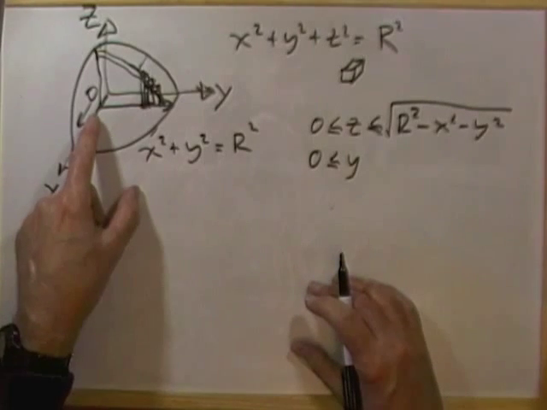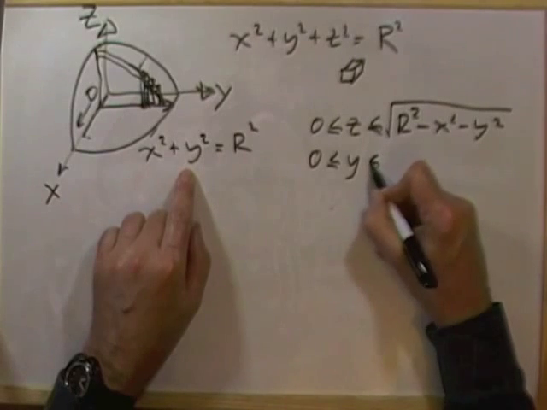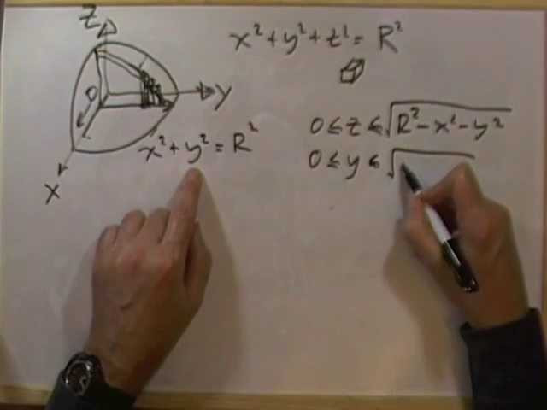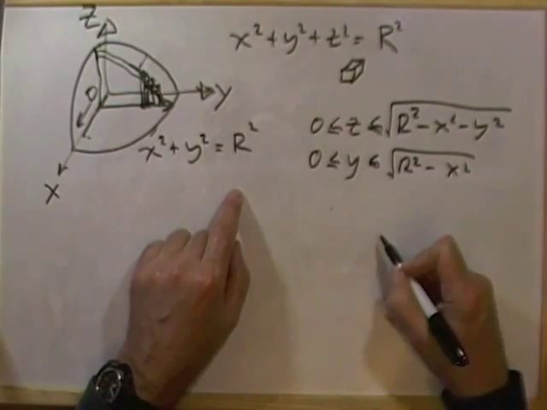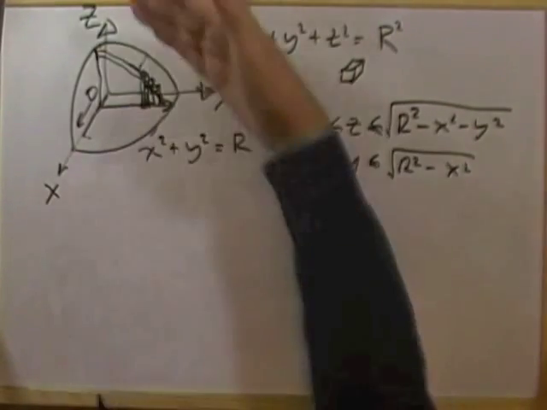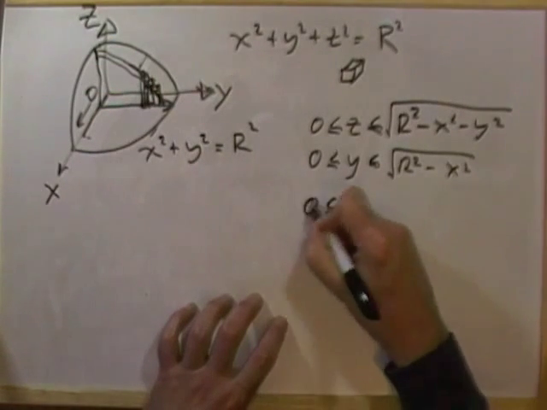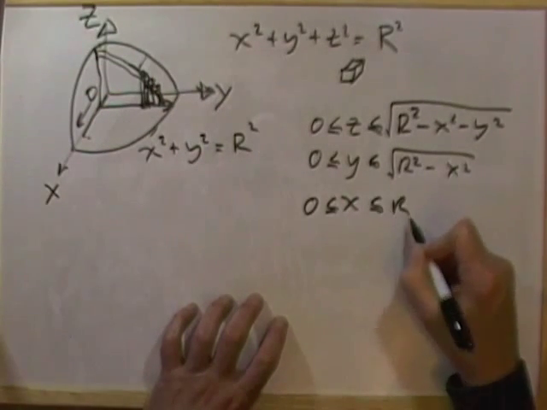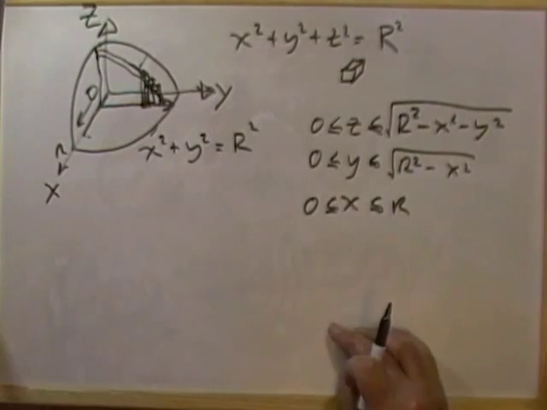So the y direction is easy, it's going to start at 0 until it hits this circle. So for that circle, y would be equal to, at its far end, the square root of r squared minus x squared. And then once I had those thin sheets, I'd gather them up across the x direction, but that'd be the easy one, because I'm just going to go from 0 to r. R being the radius of the circle, since its centre's at the origin.